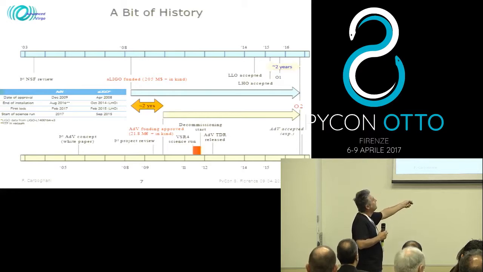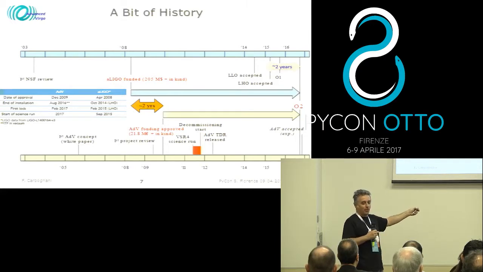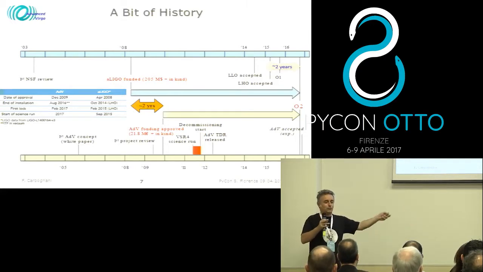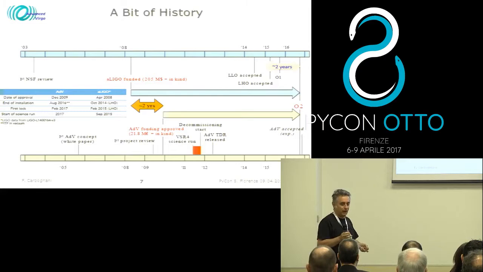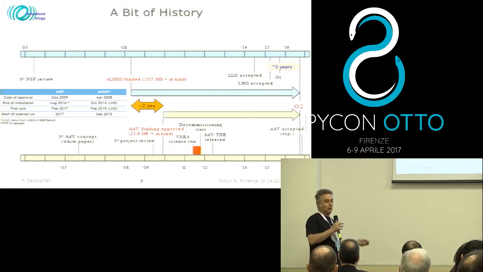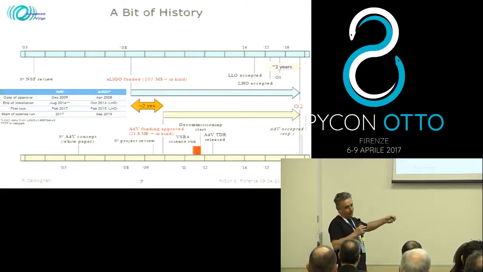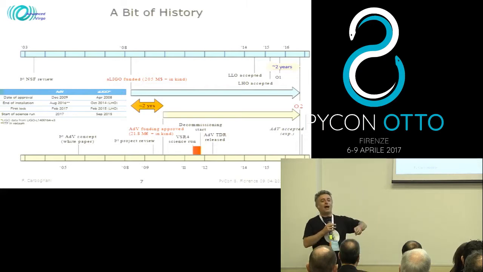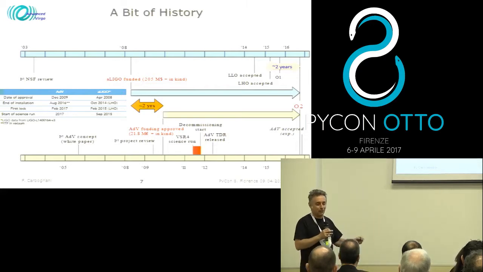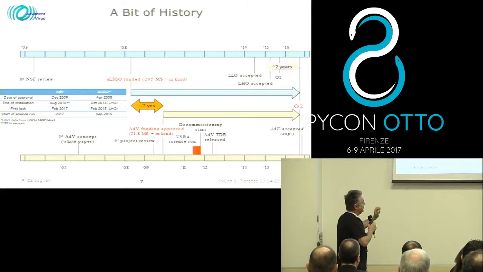But even put 10 million more here. Then at the end of the story, comparing a single detector, it is almost a factor 3, factor 4. So we are trying to do exactly what the Americans are doing with 4 times less money. And this, I tell you, is a heroic attempt.